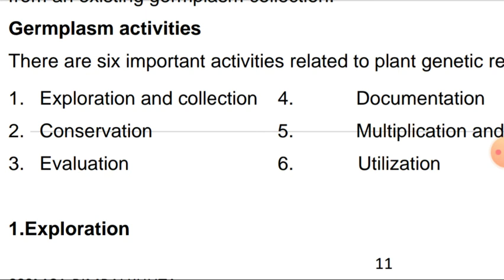So by developing the natural parks, biosphere reserve, or gene sanctuary, conservation of the germplasms or various plants, we have to do. So majorly NBPGR, that is the National Bureau of Plant Genetic Resources, New Delhi, which is acting as a major institute to control all the activities of the conservation of the germplasm in case of the various states, in case of the India.